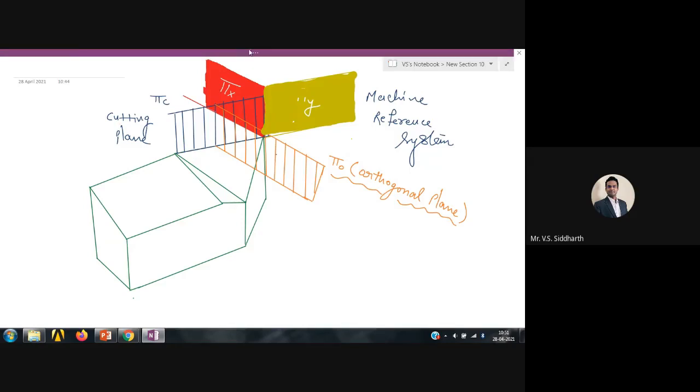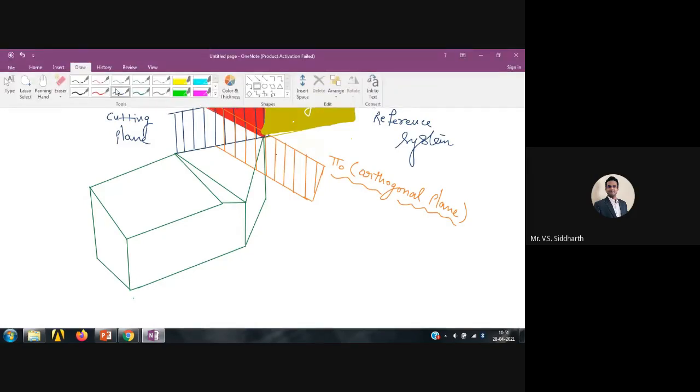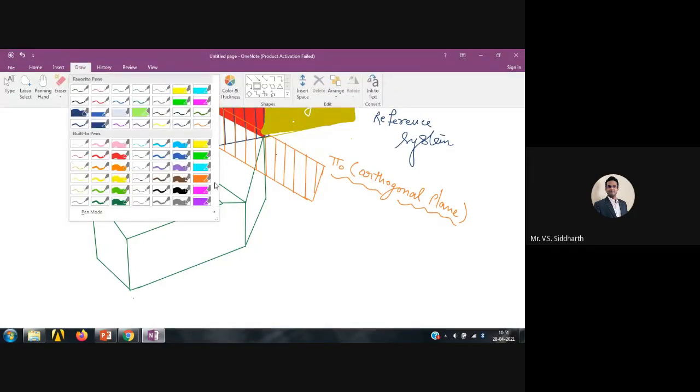Okay. Now we have our reference plane as usual.